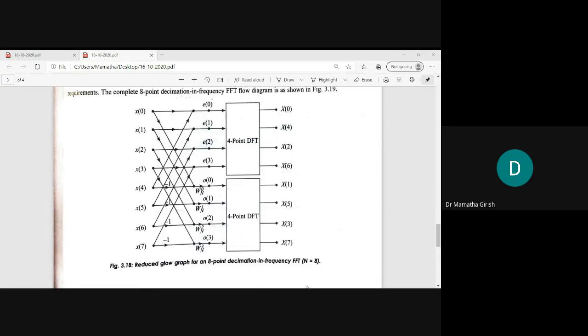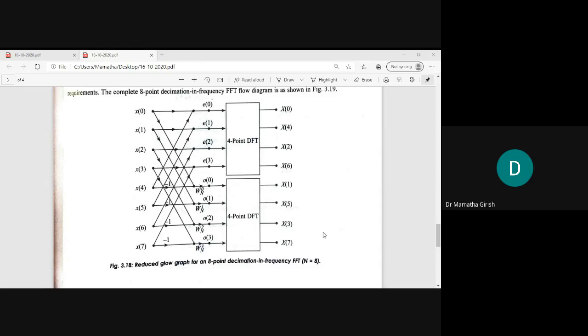And the point to be noted here is, unlike the case of the DIT FFT algorithm, here the input samples are not in the bit reversed order. Note that the input samples are in the regular order. The given time domain input samples should be written in the regular order 0, 1, 2, 3, 4, 5, 6, 7 only.